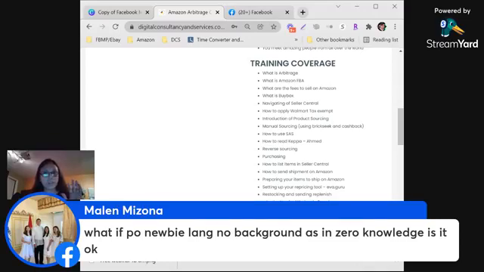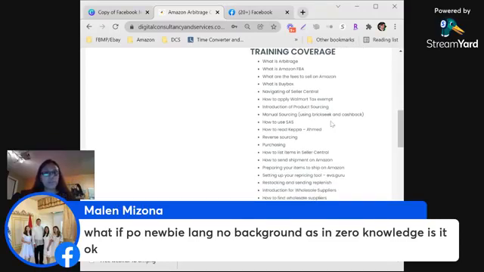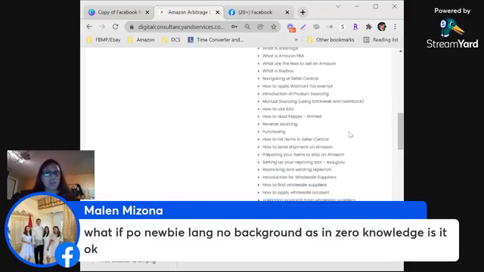Then an introduction to product sourcing, manual sourcing, when you're starting. But like I said, if you are an Amazon VA, you are already a master in product research. You will also learn how to use SAS, which is what we are using, and how to read Keepa. We have a partner in the UK and we do training also, so if you enroll in this training, you will learn not only the US marketplace but also the UK marketplace.